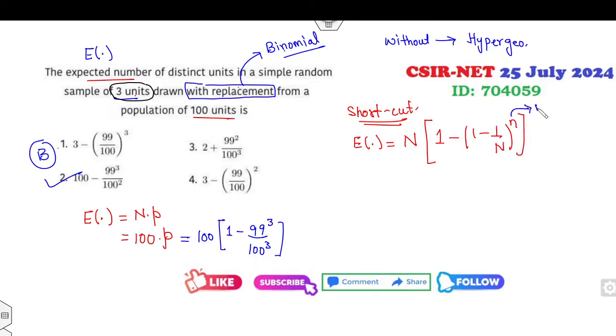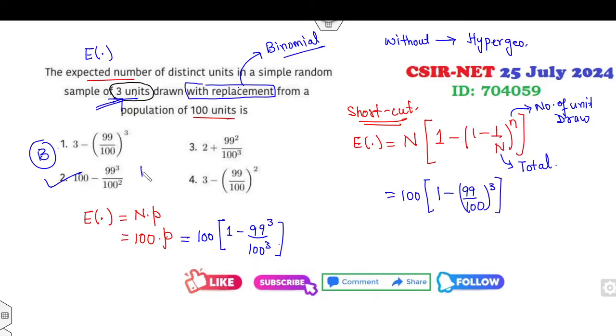Small n is the number of units drawn and capital N is the total number of units. The total number of units is 100, so 1 minus 99 over 100, and you have to draw 3 units. So that is again the same answer. It is your choice whether you want to use the shortcut trick or draw it based on the binomial distribution.